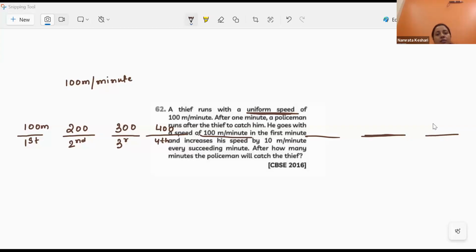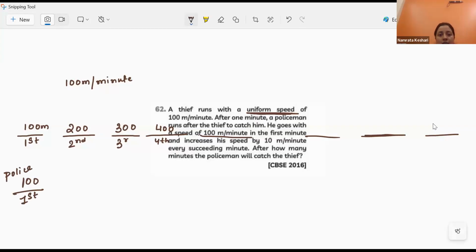A policeman is running behind the thief, and the policeman starts after 1 minute. He goes with the speed of 100 meter per minute in the first minute. The policeman's speed in the first minute is 100 meter per minute.